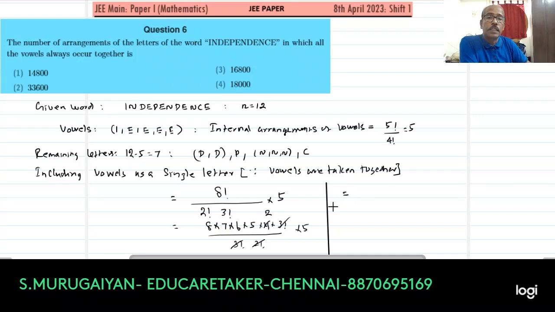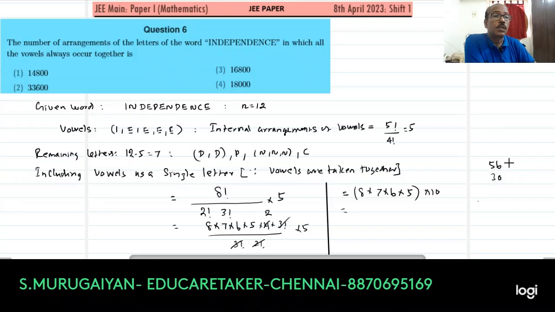And the total arrangement is 8 into 7 into 6 into 5 into 2, and one more 5, 5 into 2, 10. Eight into 7, 56. 6 into 5, 30.